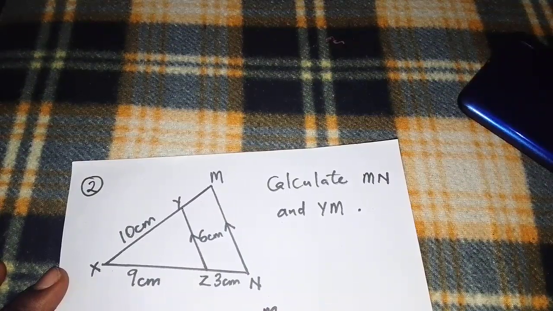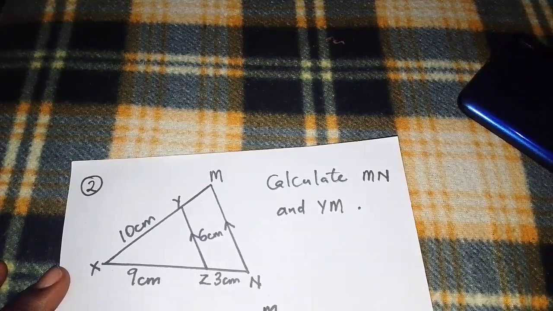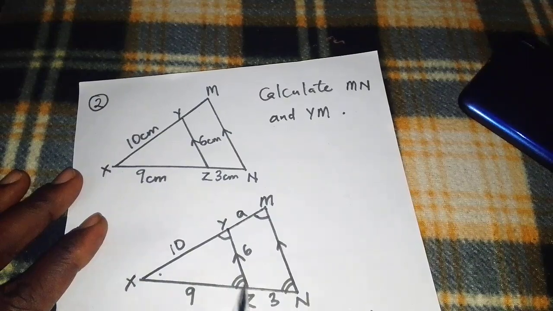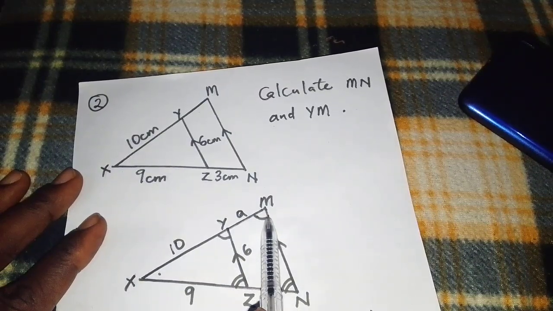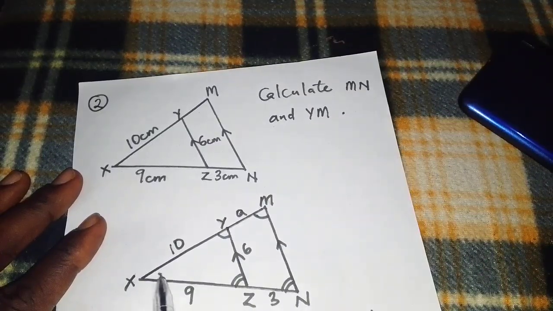So now look at this. Since this line is parallel to this, the angle here and this angle here are going to be equal because they are corresponding angles. Likewise, this angle here and this angle here are going to be equal because they are corresponding angles.